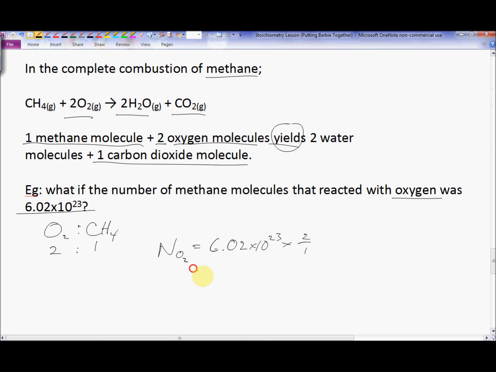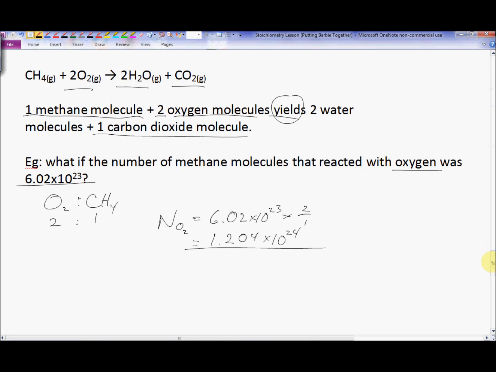So that gives us 1.204 times 10 to the 24 molecules of oxygen. Okay, so for that 6.02 times 10 to the 23 number of methanes, we're going to react that with 1.204 times 10 to the 24 oxygen molecules.